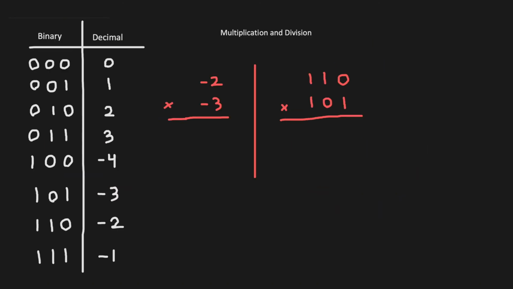Finally, I want to talk a little bit about multiplication and division for 2's complement. So again, -2 times -3 is 6, which is too large for our 3-bit system. And if we end up multiplying their binary representations, we end up getting a number such as this.